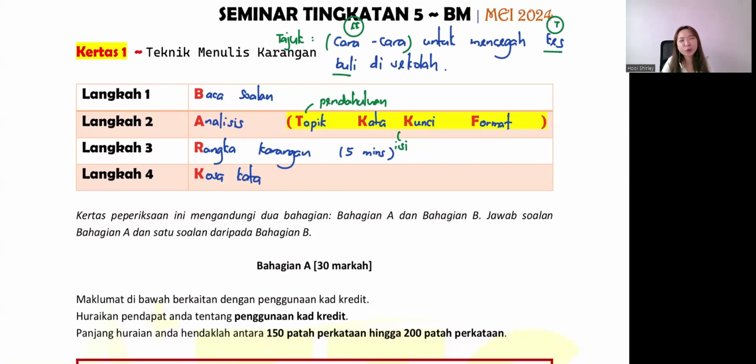So like this. Not all kind of bombastic words like that, okay? But you can use synonyms to let the teacher know that your penguasaan kosakata is very wide, okay?